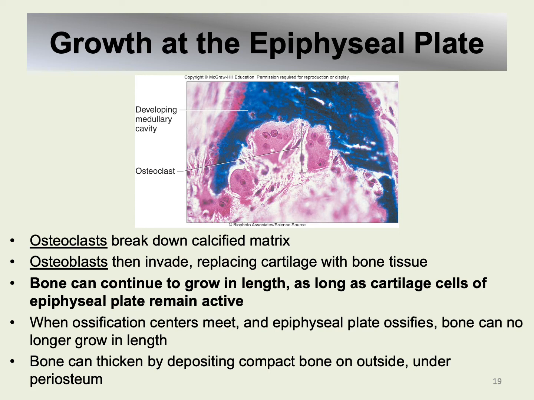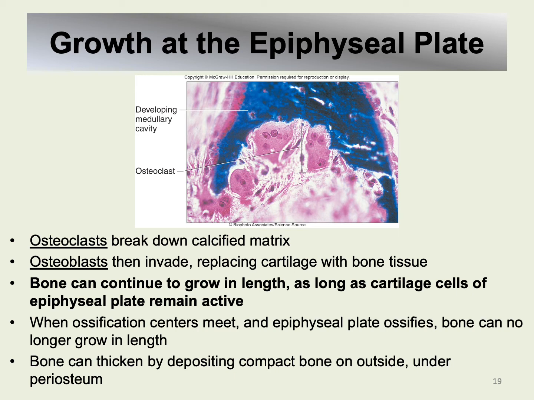We said osteoblasts and osteoclasts are opposed to each other by their function, because osteoclasts break down the calcified matrix and osteoblasts invade and replace the cartilage with bone tissue. Bone can continue to grow in length as long as the chondrocytes, or cartilage cells, of the epiphyseal plate remain active. When ossification centers meet and the epiphyseal plate ossifies, bone can no longer grow in length.